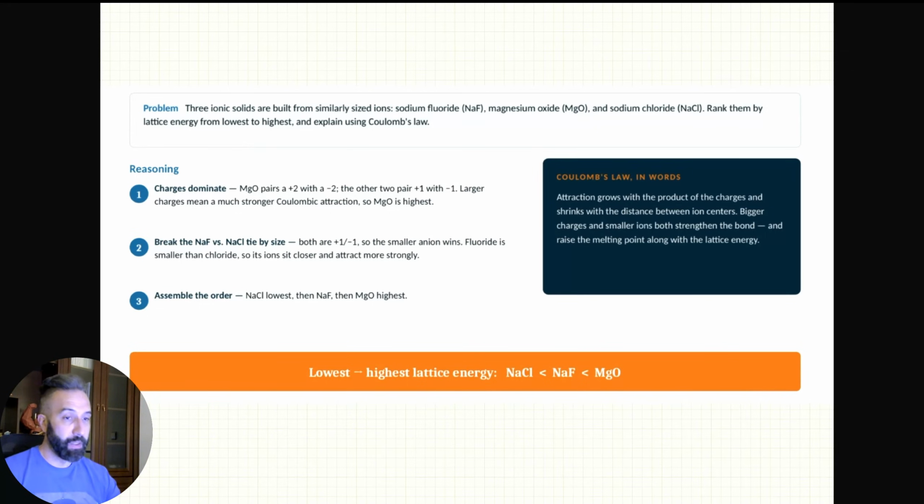This is called effective charge, not nuclear in this case, just effective charge. So it's a smaller ion with the same number of charges as a bigger ion. So F- in this case is going to form a stronger ionic bond because of its smaller size and the same number of charges. So MgO is stronger than NaF and then NaCl.